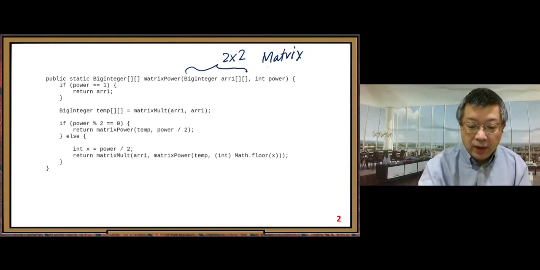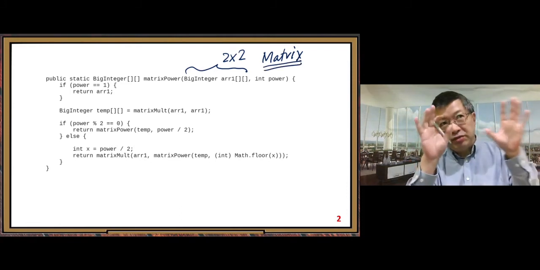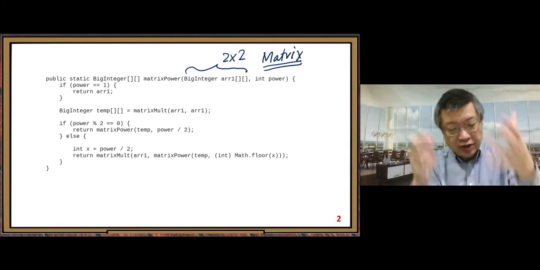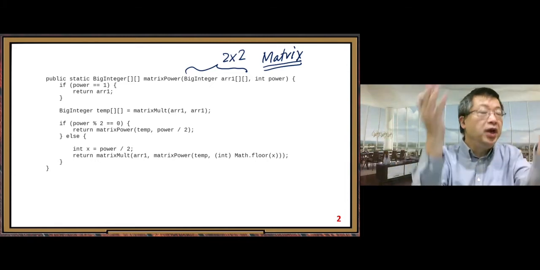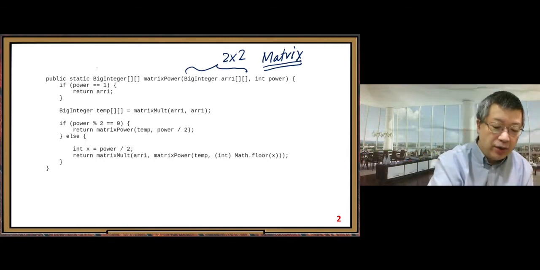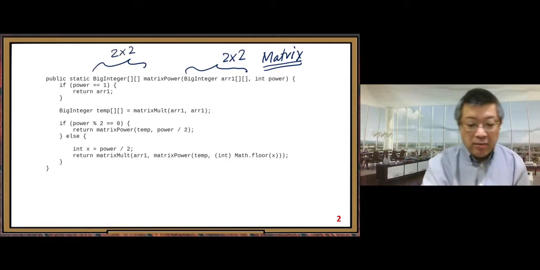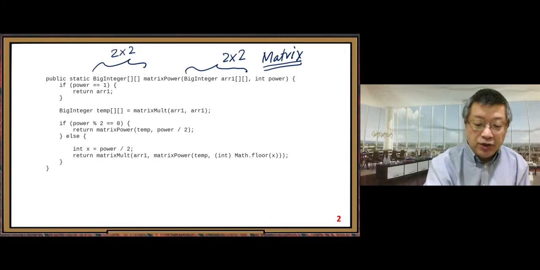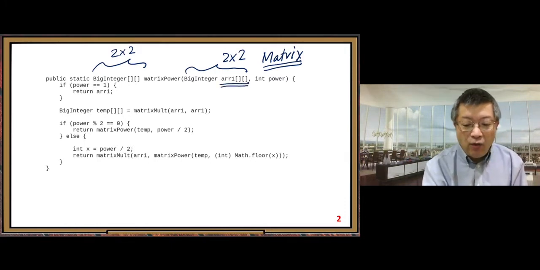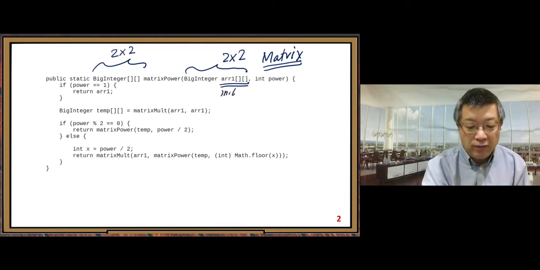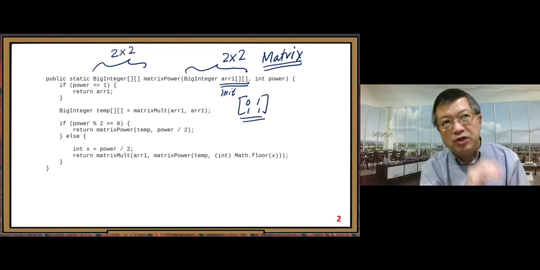Here, suppose we use the matrix class way. Later, I will talk about switching to the matrix class. But in this example, it is a 2 by 2 2D array. The multiplication also returns a 2 by 2 matrix result. But this method calculates the power. You provide ARR1, which is an initial matrix, that is our 0, 1, 1, 1 matrix, in this special format.